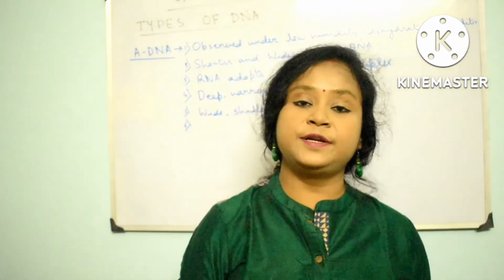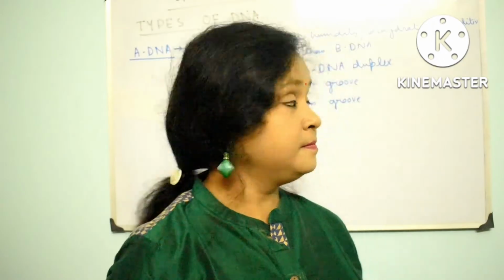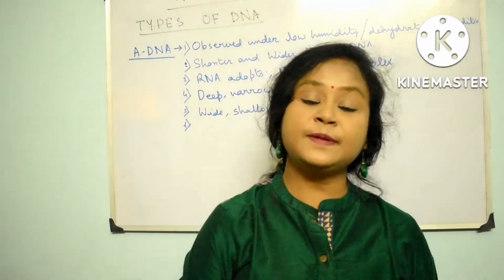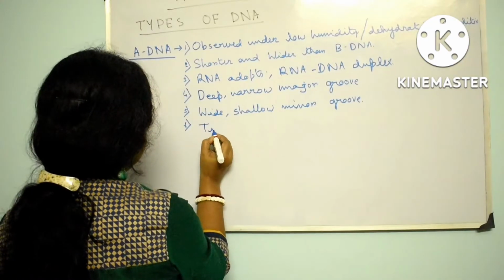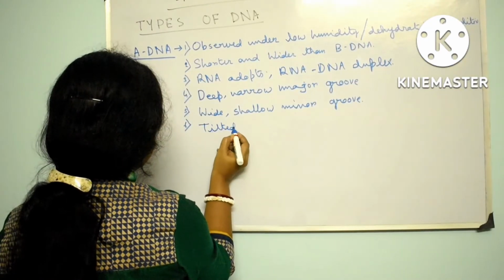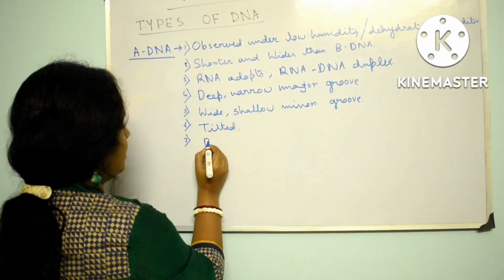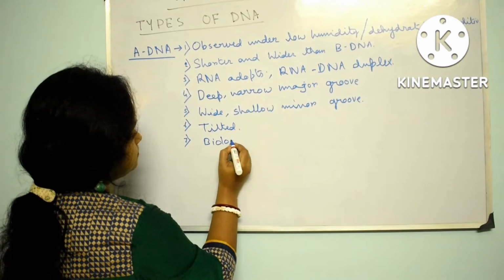Its favored condition is low water condition. A DNA's base pairs are tilted relative to the helix axis and displaced from the axis. Tilted. Next point, it has several biological functions.